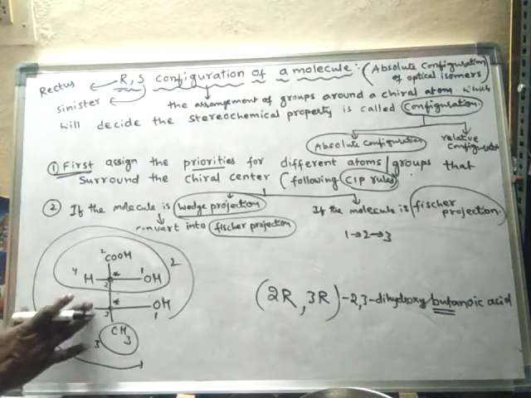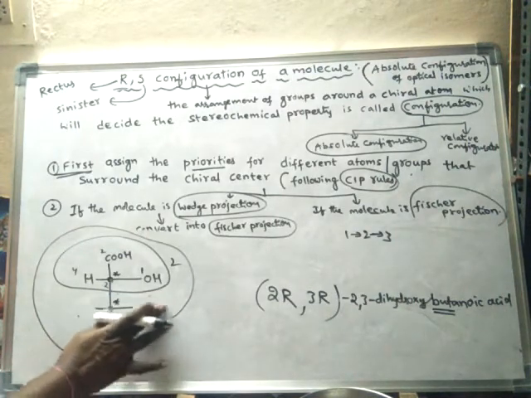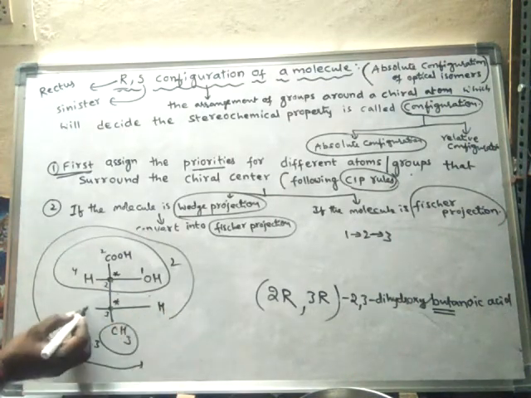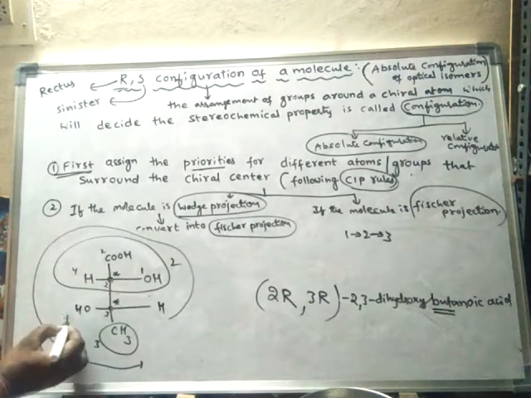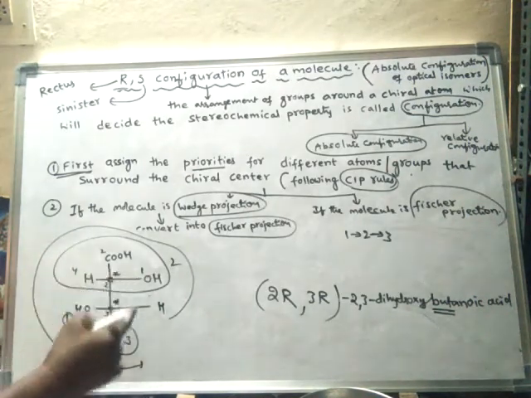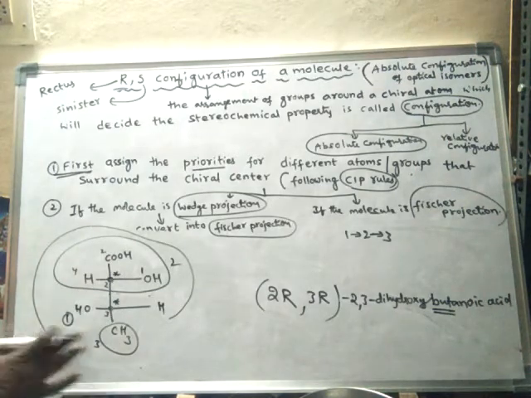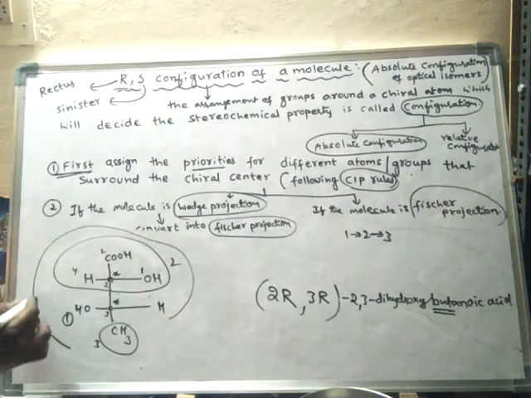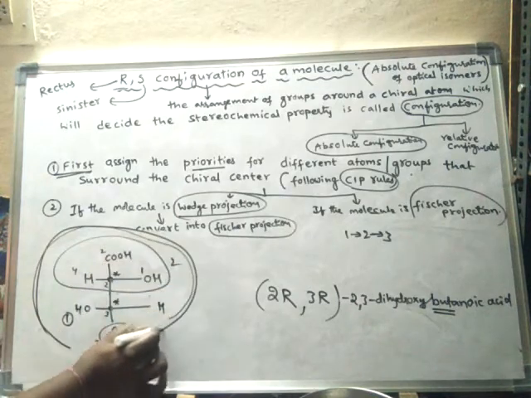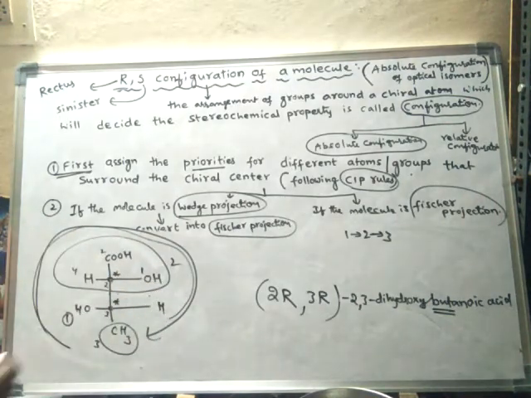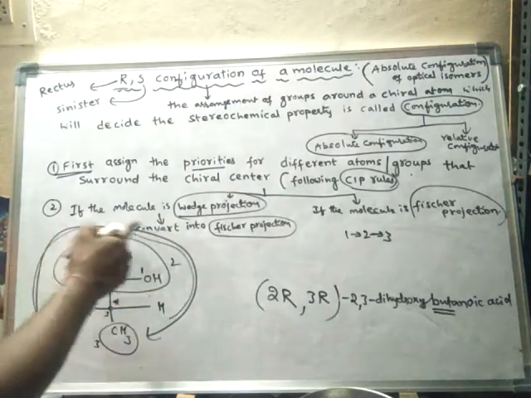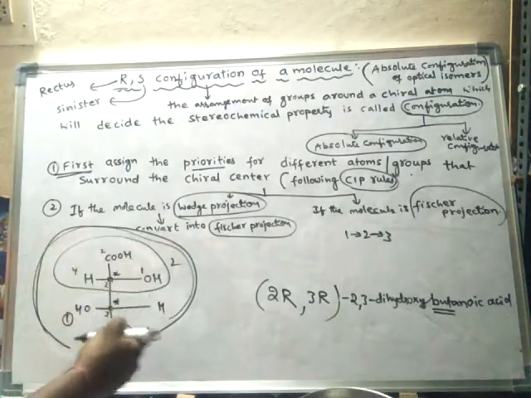Suppose if it is like this, if hydrogen is here and OH is here, then this will be the first priority, this will be the second priority and this the third priority. Now the direction will change from here to here. From here to here it is clockwise.